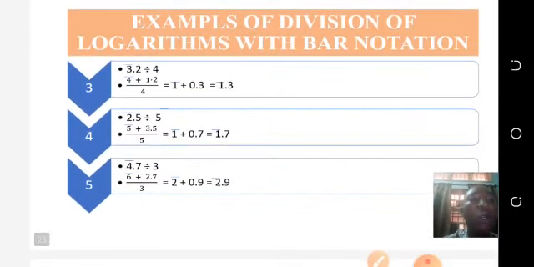Examples on division of logarithm with bar notation. Let's see example 3. Bar 3.2 to be divided by 4. We cannot use 4 to divide 3 because 3 is not a multiple of 4. So what are the multiples of 4? Good, 4. And 4 is greater than 3.